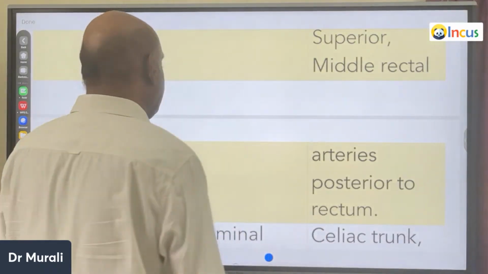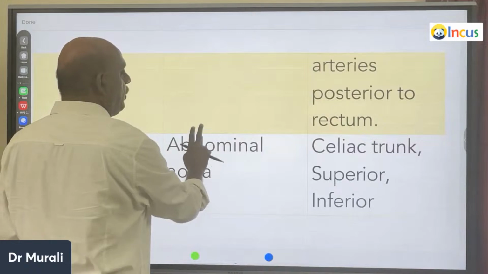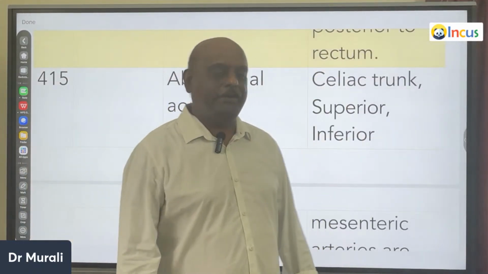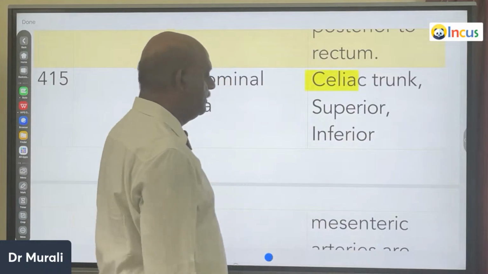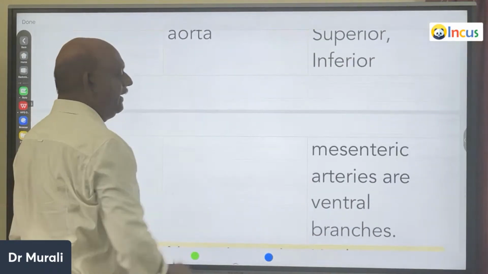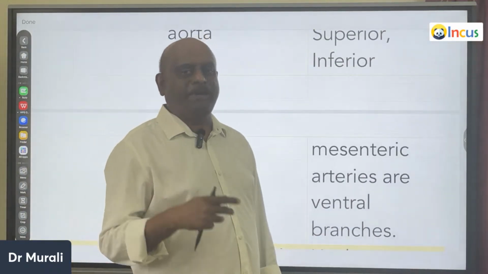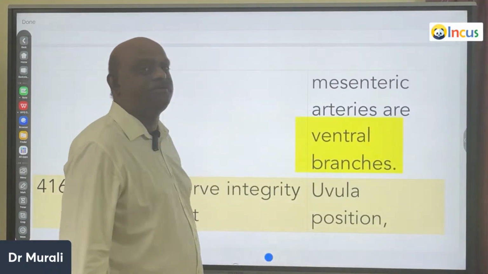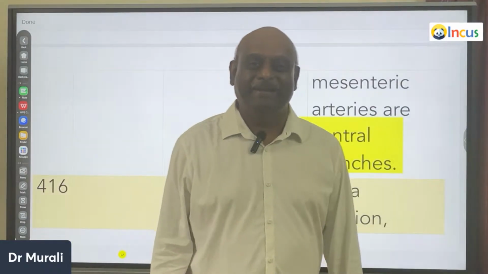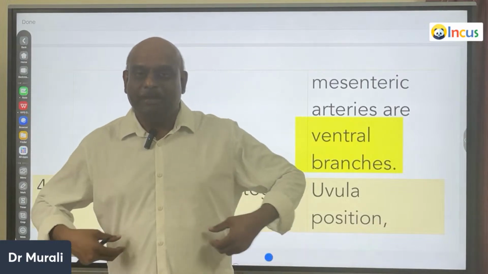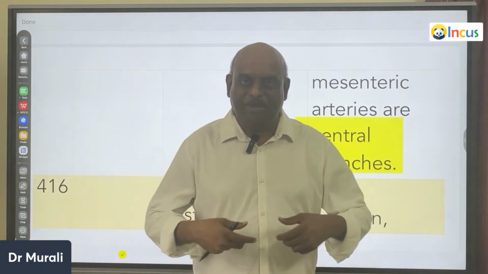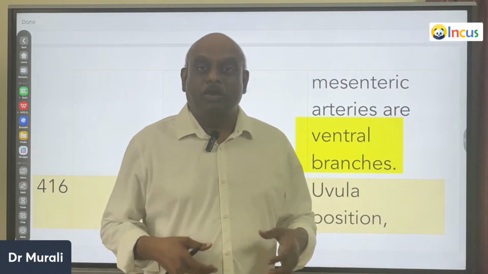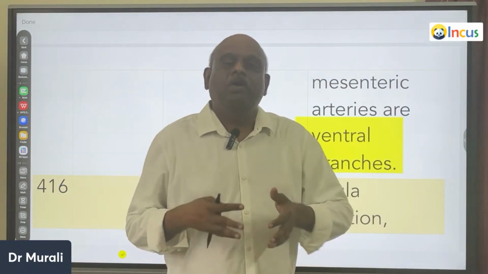Now, if you look at the abdominal aorta, what are the branches of the abdominal aorta? Celiac trunk, superior mesenteric artery, inferior mesenteric artery, they are all the various ventral branches of the abdominal aorta. So you should know renal artery, celiac artery, mesenteric arteries, gonadal artery, how do they originate?